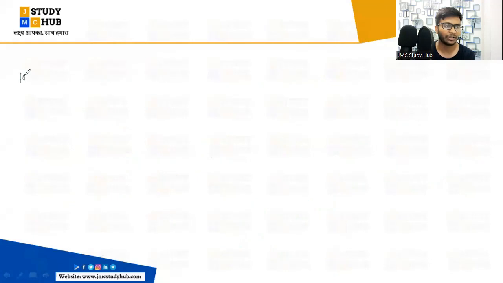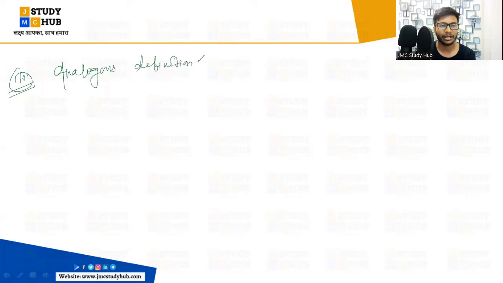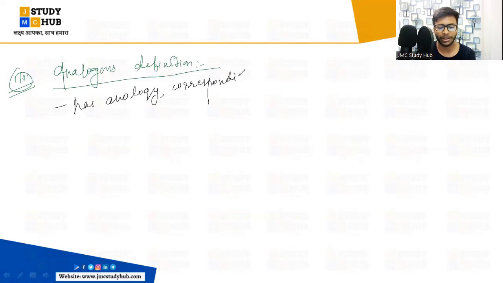Okay, the last, tenth definition, the analogous definition. Questions have been asked many times from the analogous definition, so examples and all these things are important. This definition has analogy, or corresponding in some particular.